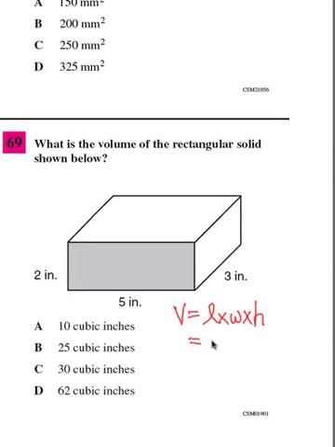In this case we have 5 times 3 times 2. 5 times 3 is 15, times 2 is 30 inches cubed. The answer is C.